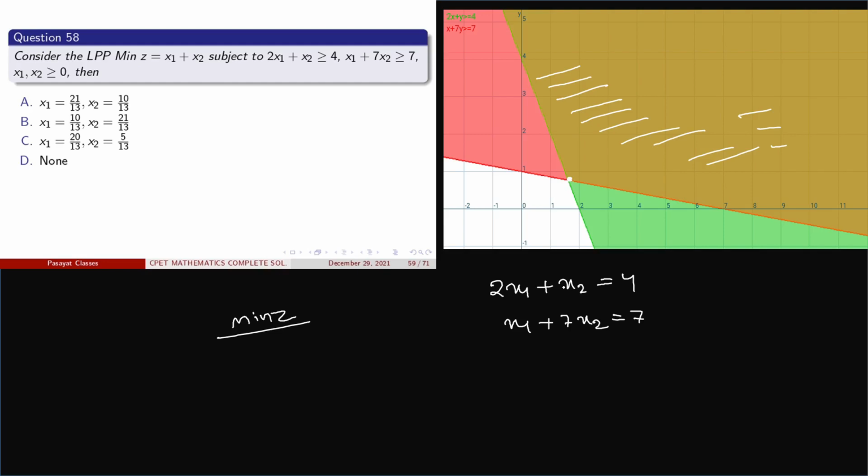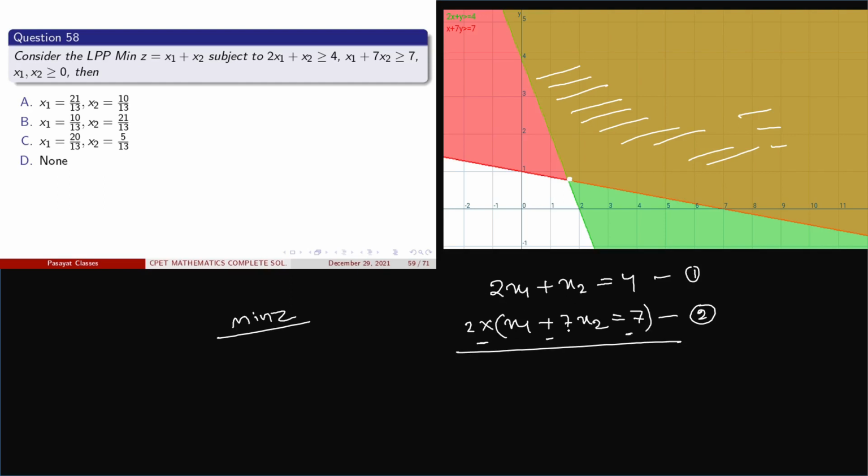So put it as equation 1 and equation 2, and on solving this, multiplying the whole equation with 2 and subtracting, the x1 terms cancel out.